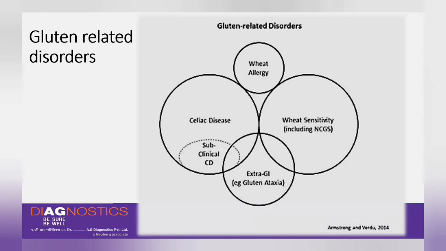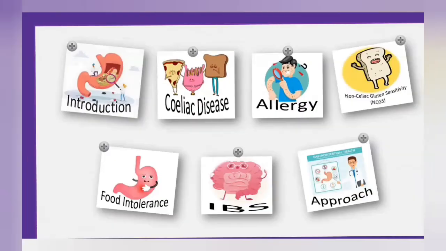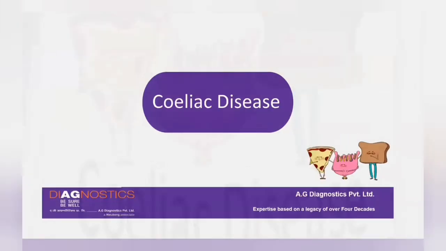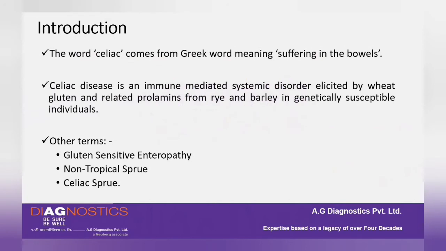There are also sometimes extra gastrointestinal manifestations of reaction to wheat, such as dermatitis herpetiformis and gluten ataxia. Again, like you see in this diagram, there's a huge amount of overlap between all these disease entities.